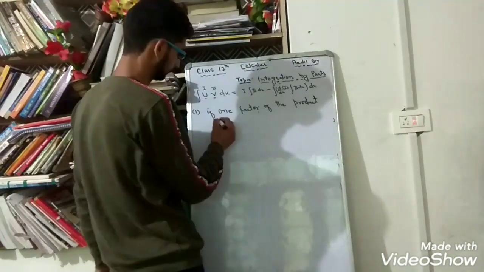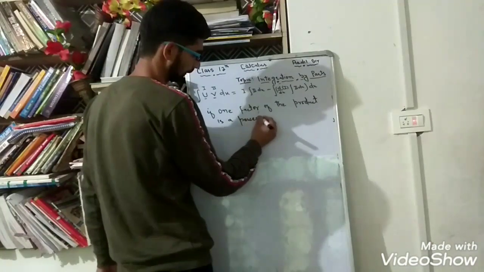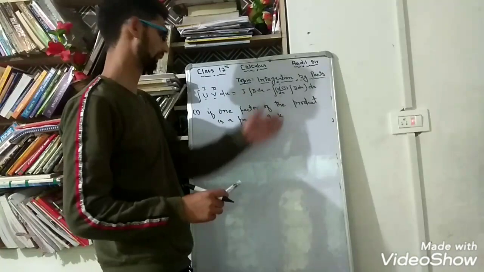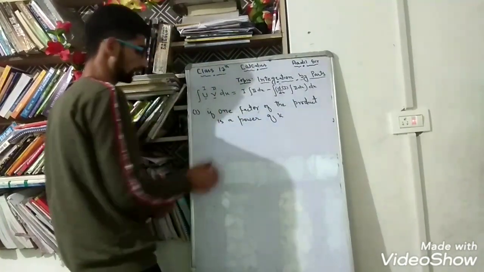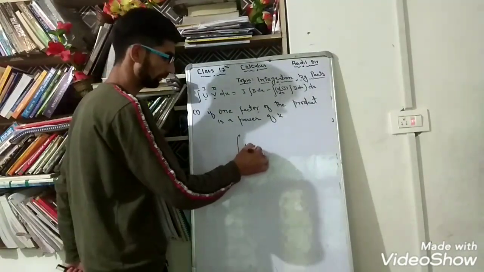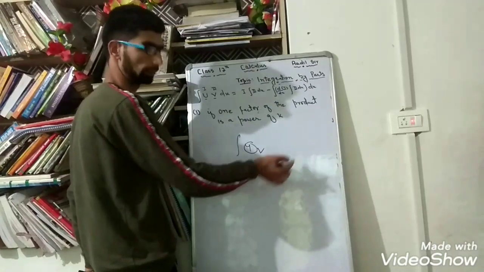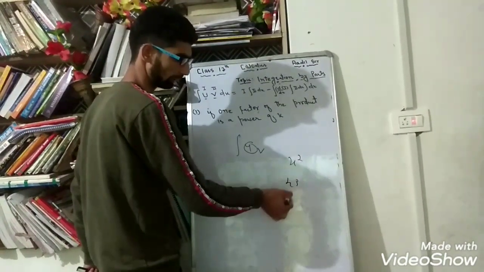is a power of x. If one factor of the product is a power of x, if we have one function from these two, u and v, as a power of x, that means x power something, x power 2 or x power 3, x power 4, and so on.